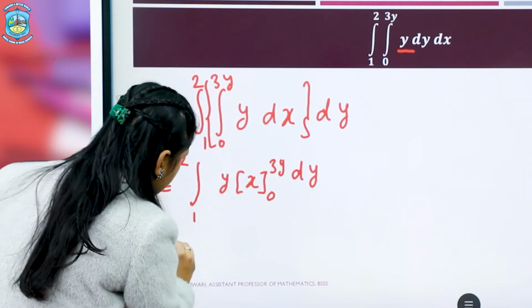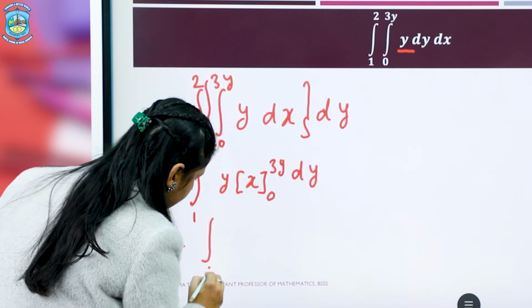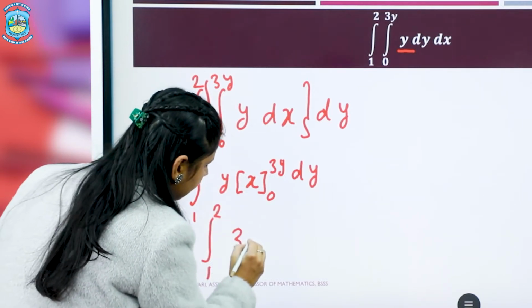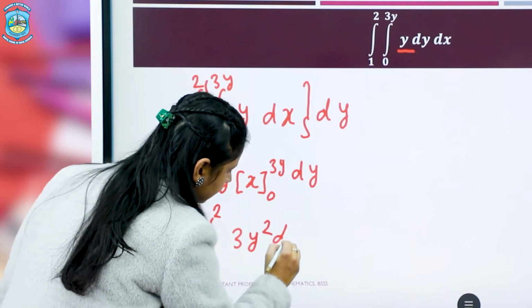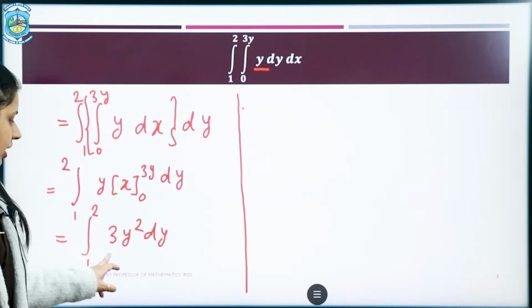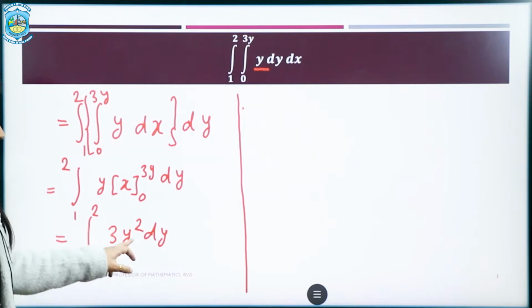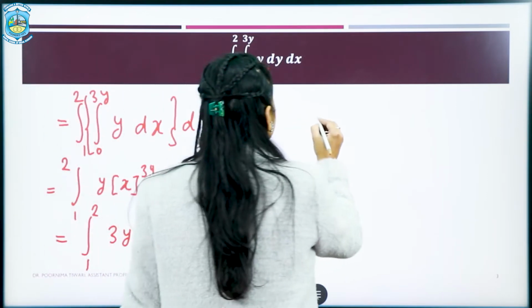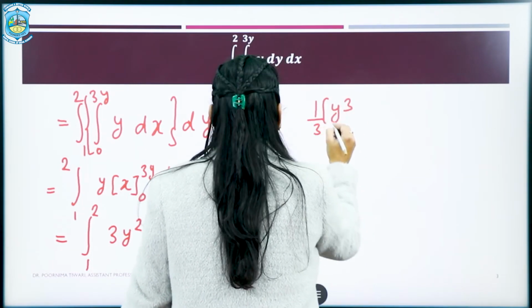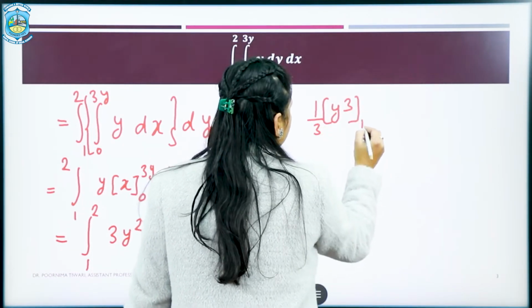Now, when we apply limits, we get integral 1 to 2, 3y square dy. Now we will integrate 3y square with respect to y, and we will get 3 times 1 by 3 y cube, limits 1 to 2.